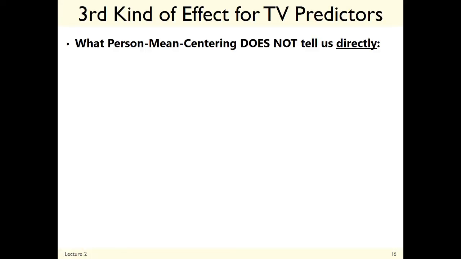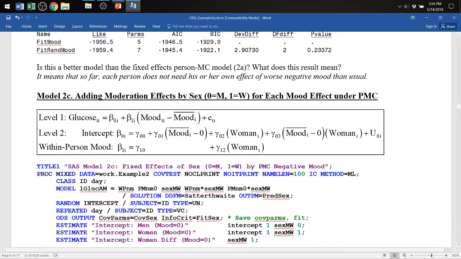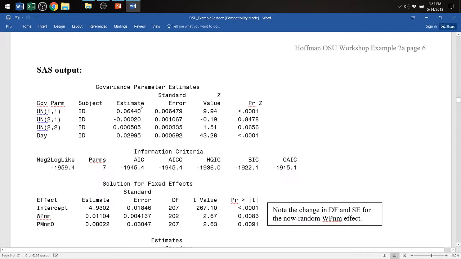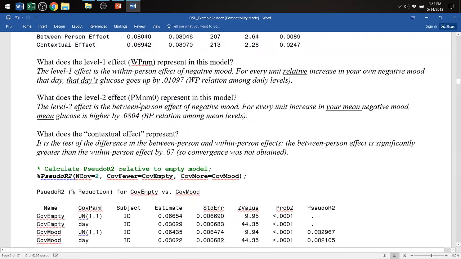One of them is a more statty way, and the other is a more interpretive way. The definition of a contextual effect is the difference of the within from the between effects. It's the difference between the two. So an easy way to explain it, let me go back to the model without gender in it to demonstrate.